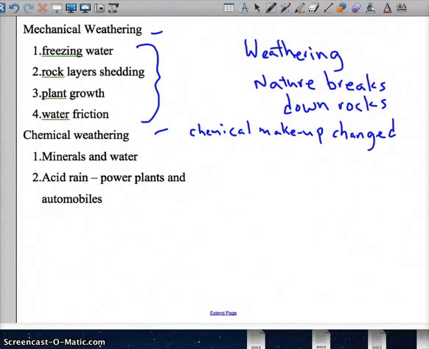That happens in nature too. Most chemical weathering has to do with the way minerals react with water. Some minerals like halite, table salt, do dissolve in water, and others dissolve in water that's more acidic. That's where the dangers of acid rain come in.